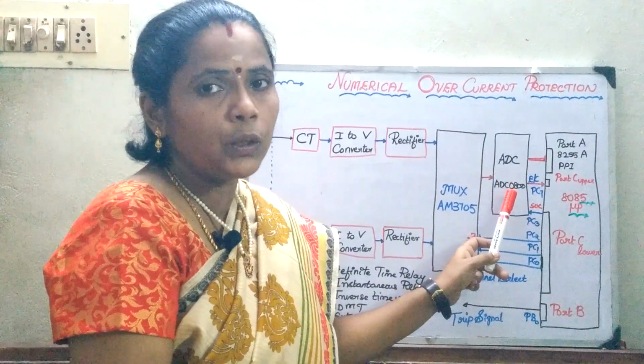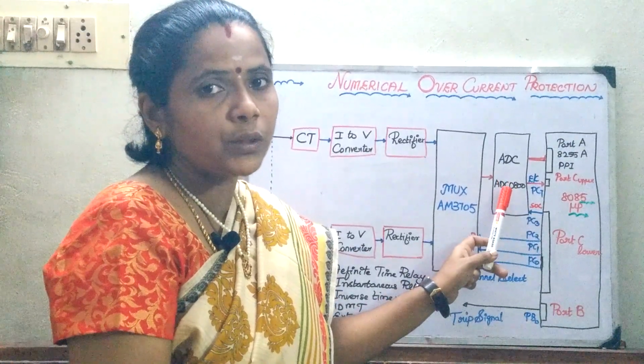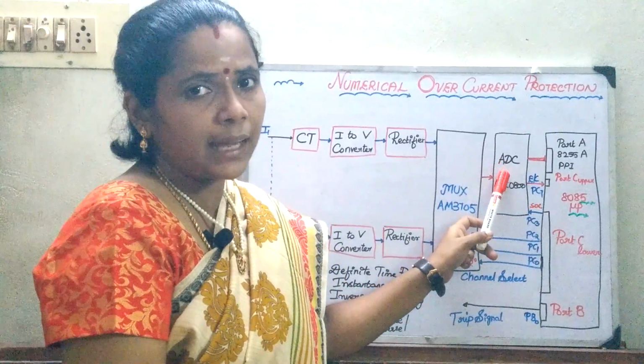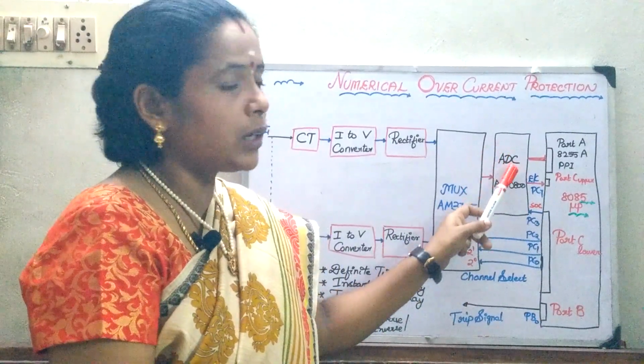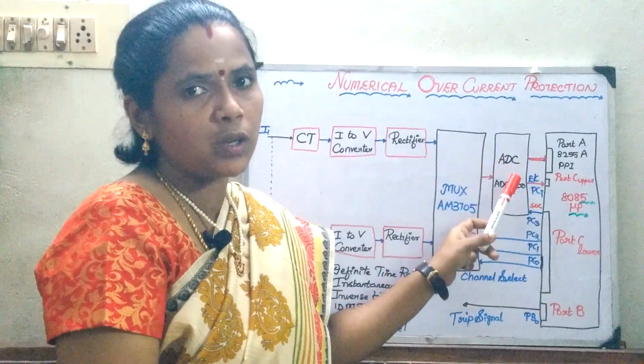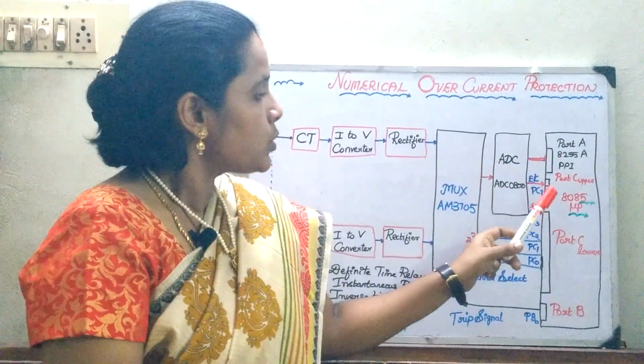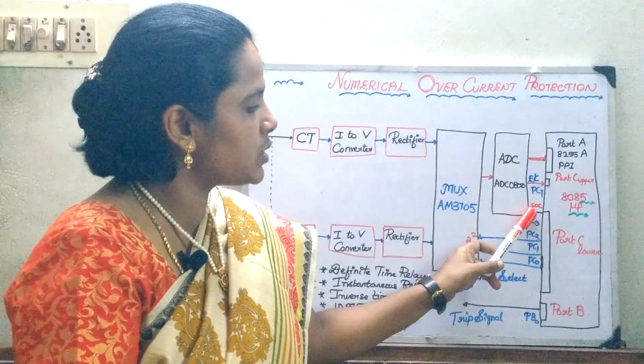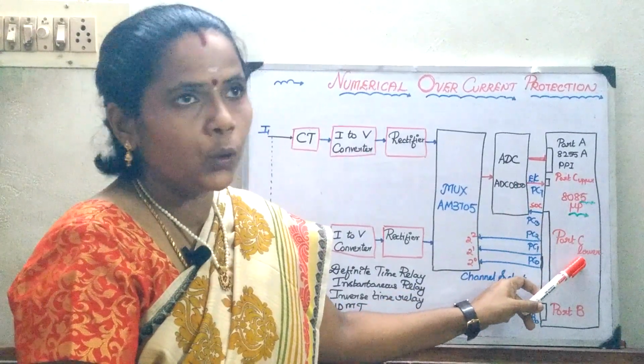As I already told you, ADC is nothing but an analog to digital converter. All the analog data has to be converted to digital for it to be processed by the microprocessor. So the microprocessor gives the start of conversion signal from port C lower.